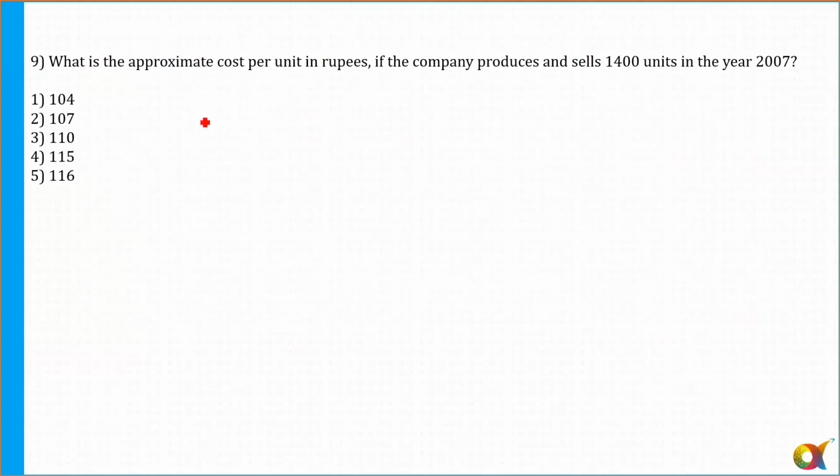Now, first question. What is the approximate cost per unit if the company produces and sells 1400 units? So we know total cost is equal to 100x plus 9600. Yes or no? I'm producing 1400 units, so I can say (100 into 1400 plus 9600) upon 1400.